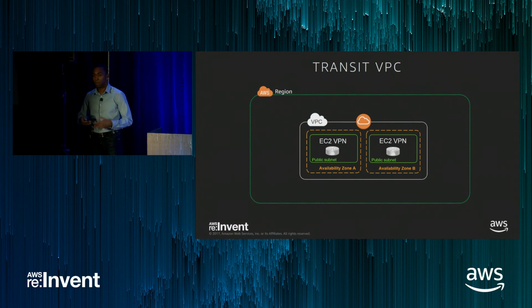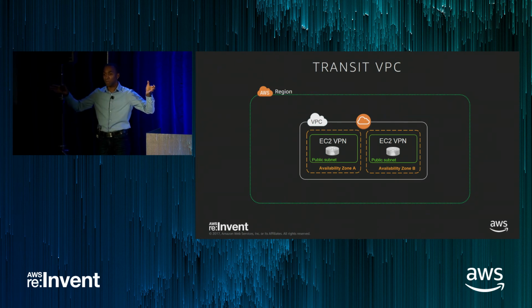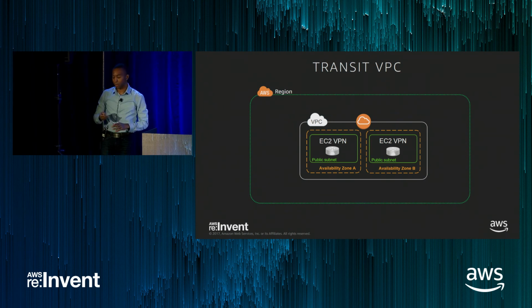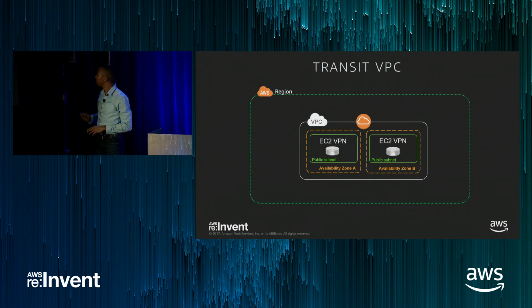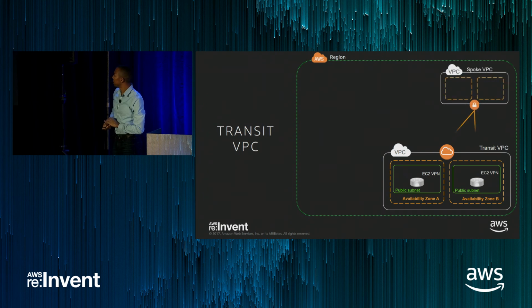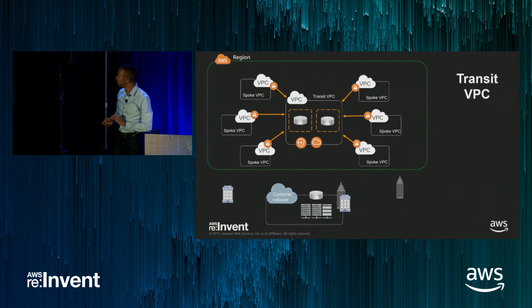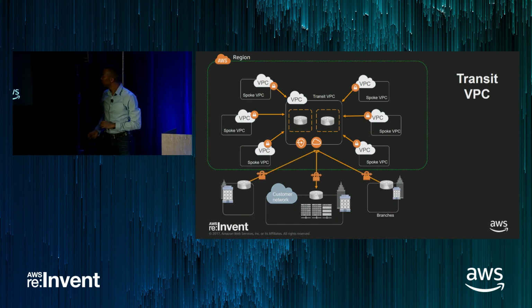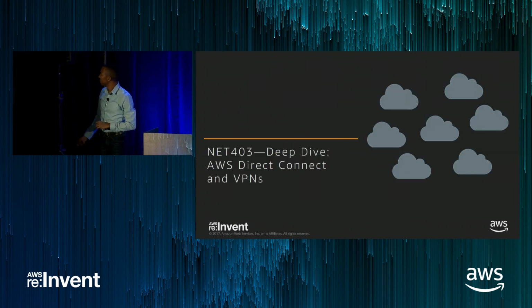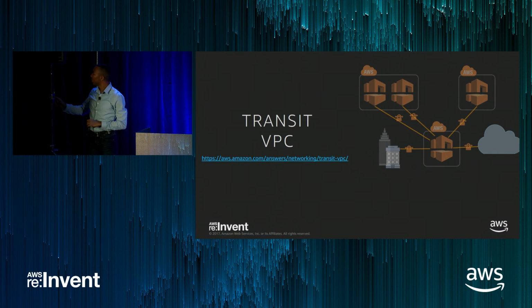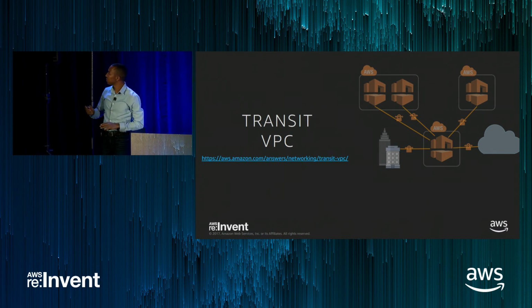That's where you have VPN appliances inside your VPC, and now you're creating IPsec tunnels between those appliances and the virtual private gateway that resides in the VPCs externally. You can read more on our transit VPC solution at this link.